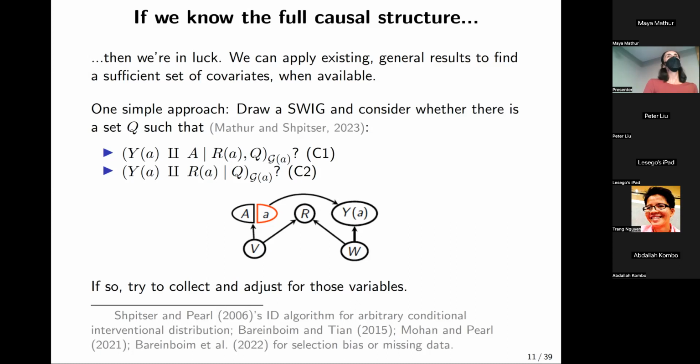The intuition is that it's like a DAG, except we're intervening on A. And so we can have two graphical rules, each of which maps onto internal bias and external bias, respectively. And we could try to look for some set of variables Q that would suffice to satisfy both of those. I'm not going to go into this in detail, but for example, in this SWIG here, W would actually work. And so we could then try to collect and adjust for those variables. All right, so that would be great, and the talk would be over. We could just do that.